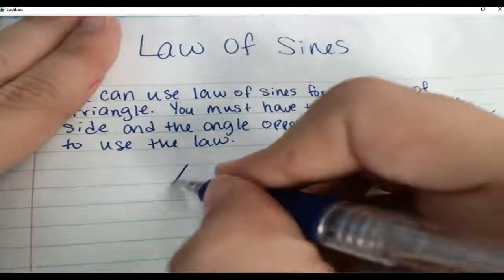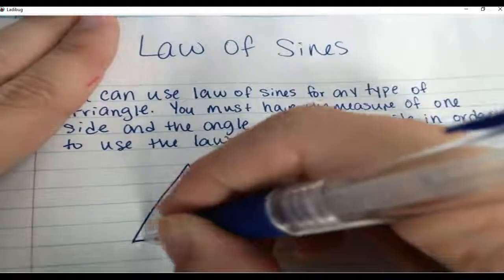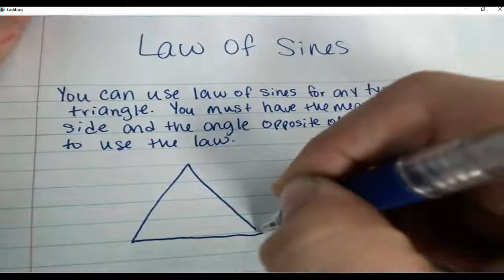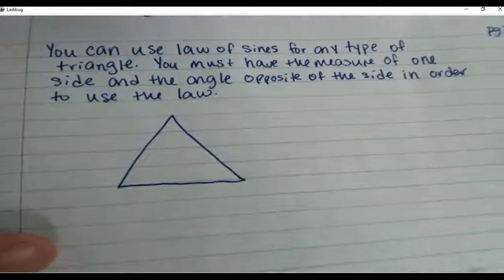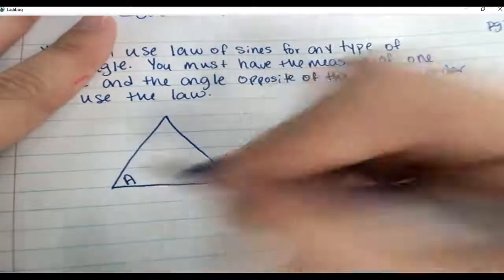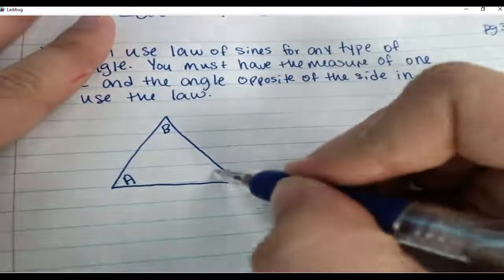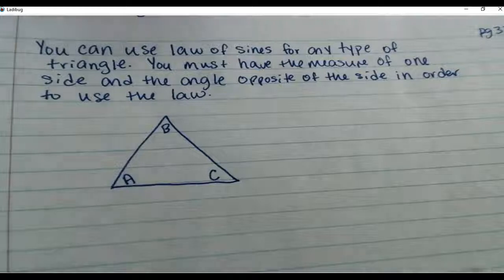So let's draw a triangle and label it A, B, and C. We already said the other day that our angles are our capital letters, A, B, and C, and the opposite sides are the lowercase letters.